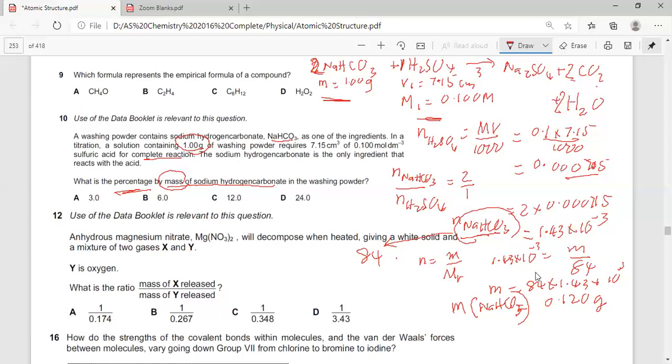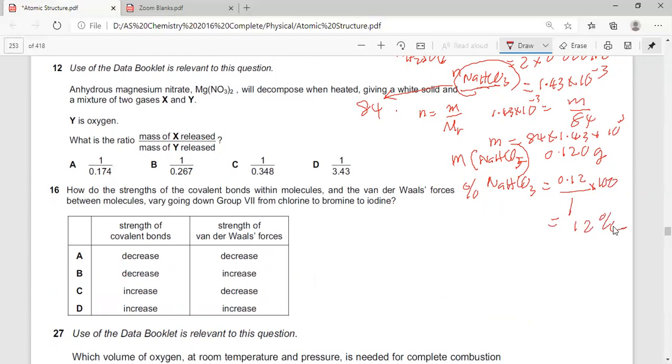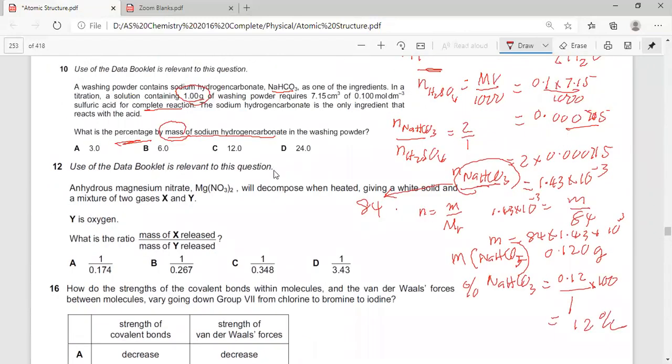Percentage of sodium hydrogen carbonate equals 0.12 over 1 gram times 100, so it's 12%. What's the answer? 12%. It's a percentage. Don't stop at the mass, then you get it wrong.